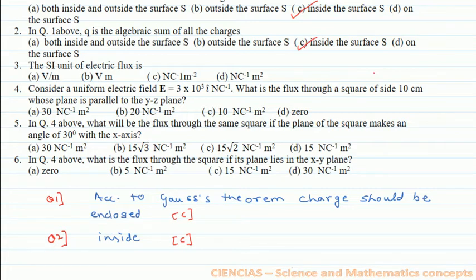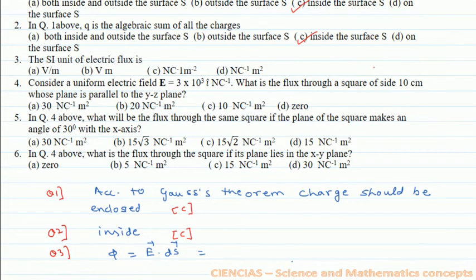Now for the third question, the SI unit of electric flux. Flux is equal to E dot ds. The unit for electric field is Newton per coulomb and area is meter square.